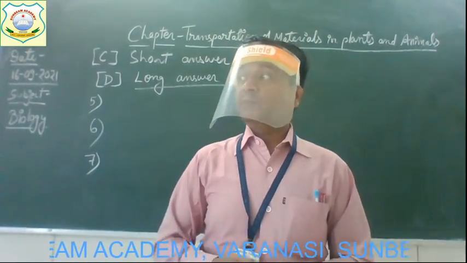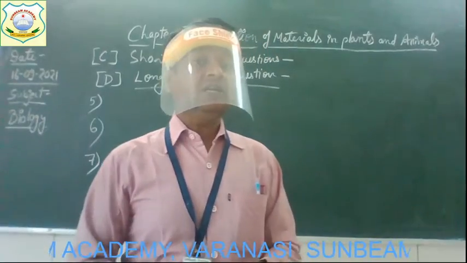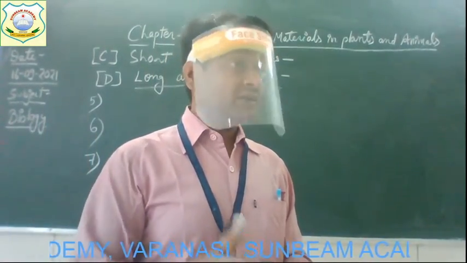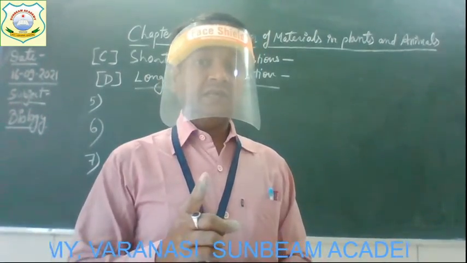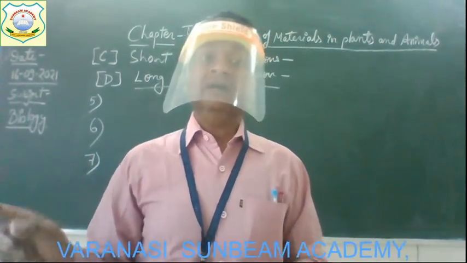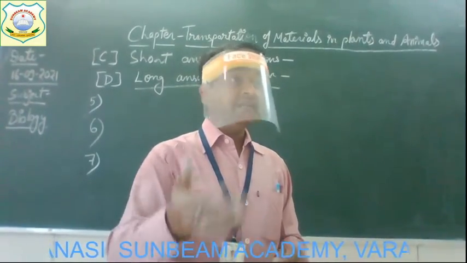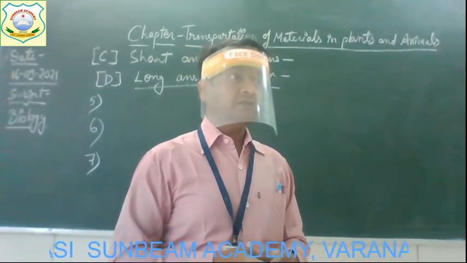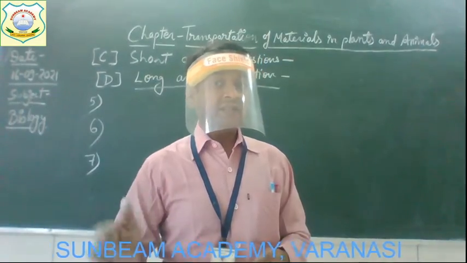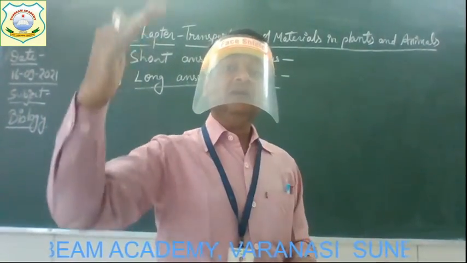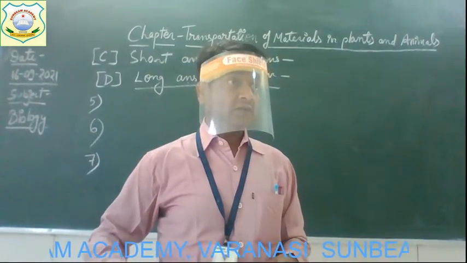So, what is the path? What is the flow of blood in our body? The blood enters the right side of the heart, and is pumped to the lungs, where it gives up carbon dioxide and takes up oxygen. And then this oxygen-rich blood travels back to the left side of the heart.